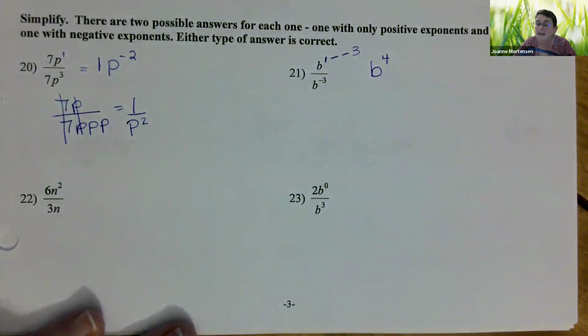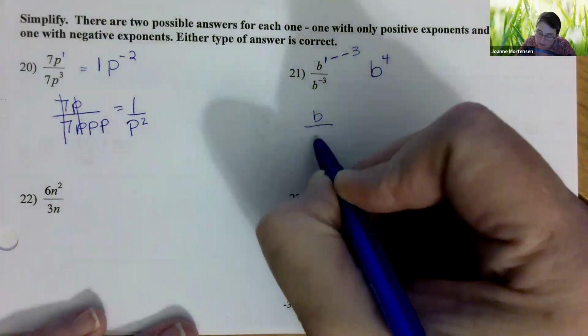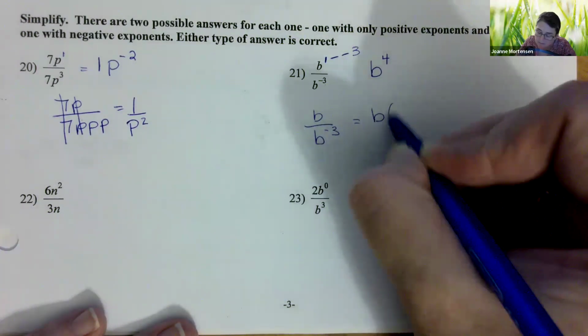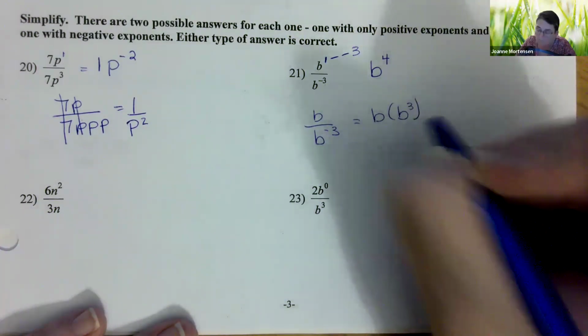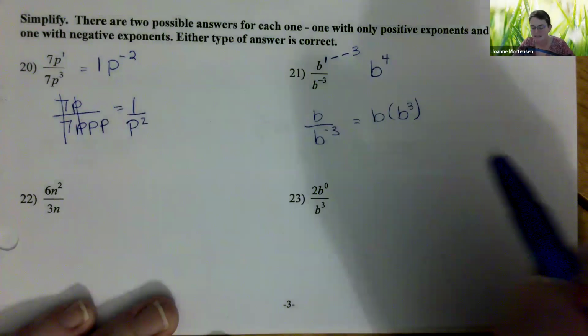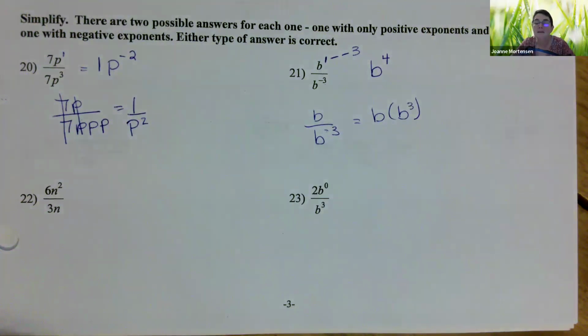And on a bad day, that makes my head hurt. So I do this. b minus 3. That's my work. I hate negatives. So I take this negative that's on the bottom and boop, I can flip it to the top. And when I do that, it becomes a positive exponent.